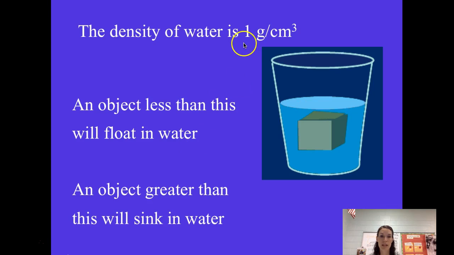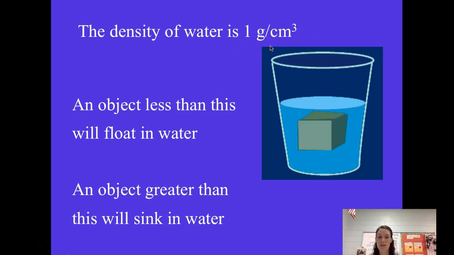If an object has a density that's higher than 1, even 1.002, it can be a decimal, if it has a greater density, then the object is going to sink. What kind of numbers are less than 1 are going to tell us that we are floating? Think about that.